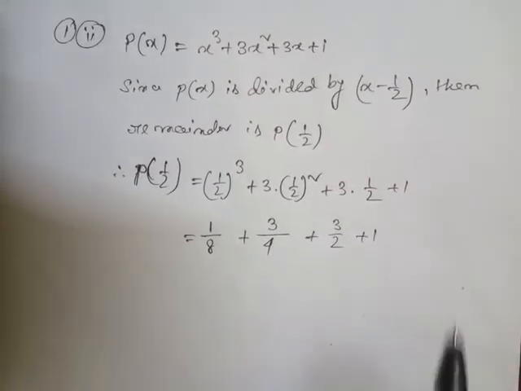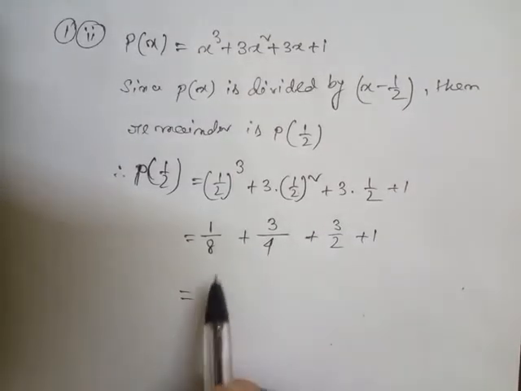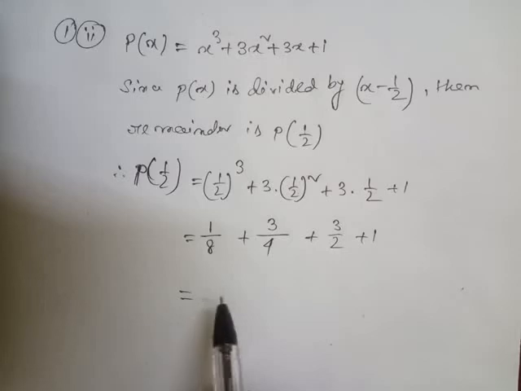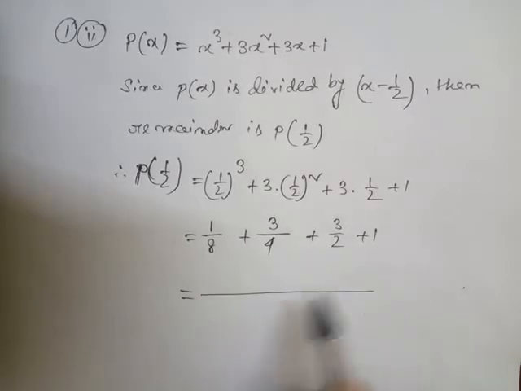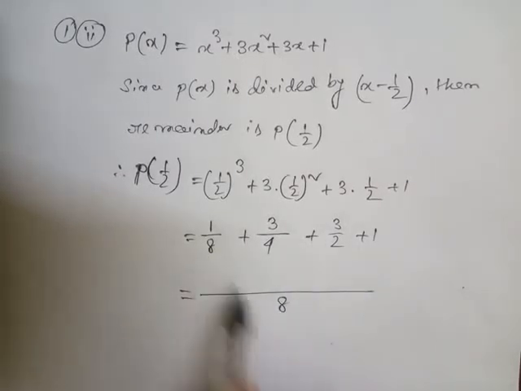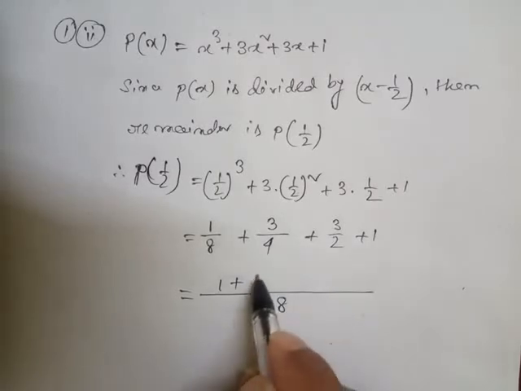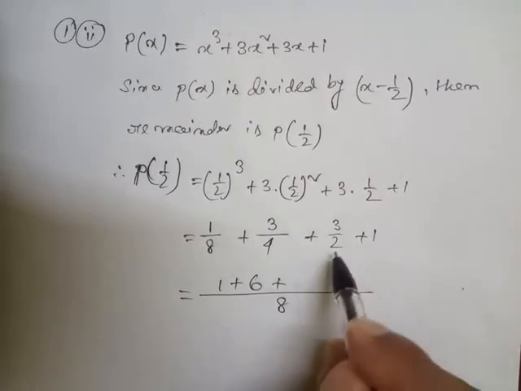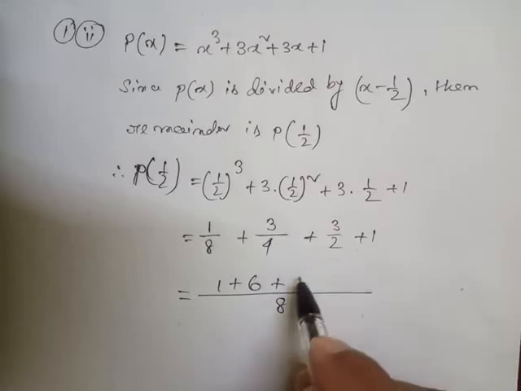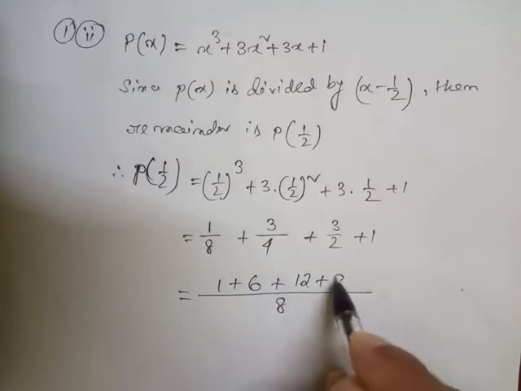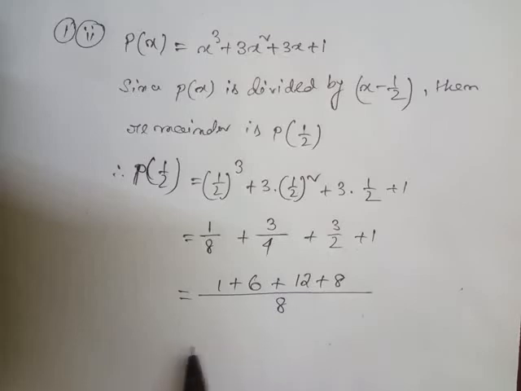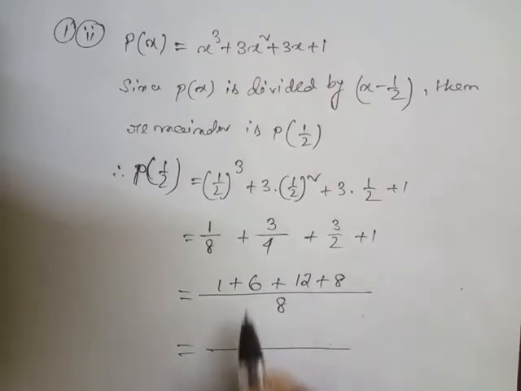Now after that, student, the LCM of 8, 4, 2, and 1 would be 8 obviously, and 8 divided by 8 is 1, 8 divided by 4 is 2, 3 twos are 6, and 8 divided by 2 is 4, 3 fours are 12, and 8 ones are 8. Now look after that, 12 plus 8 is 20, 20 plus 6 is 26, plus 1 is 27, so 27 by 8.